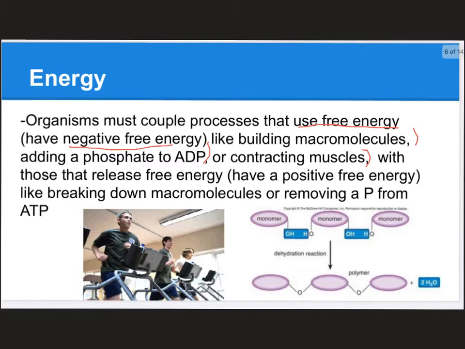All of those things that use energy or ATP have to be coupled with a process that releases energy. And usually that process that releases energy is the breaking down of ATP into ADP, removing one of those phosphates and then releasing the energy that was in that bond in order to do this process that uses the free energy.